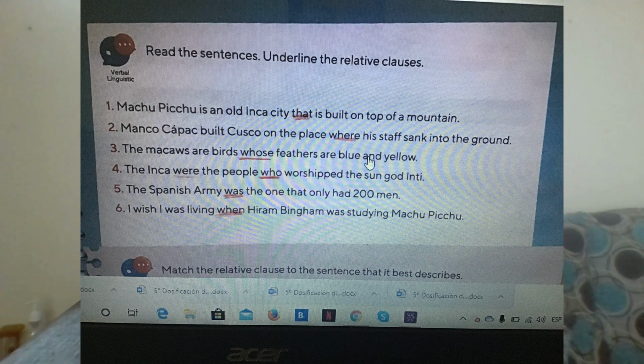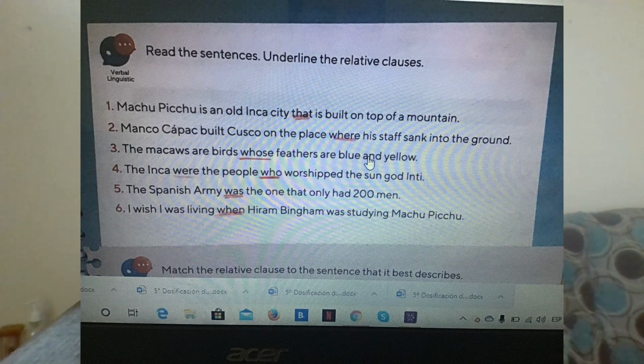Here's another example of incorrect instruction following. It says, read the sentences, underline the relative clause. Read the sentences. Okay, this person, let's say they did. Underline the relative clause. Look what is underlined.